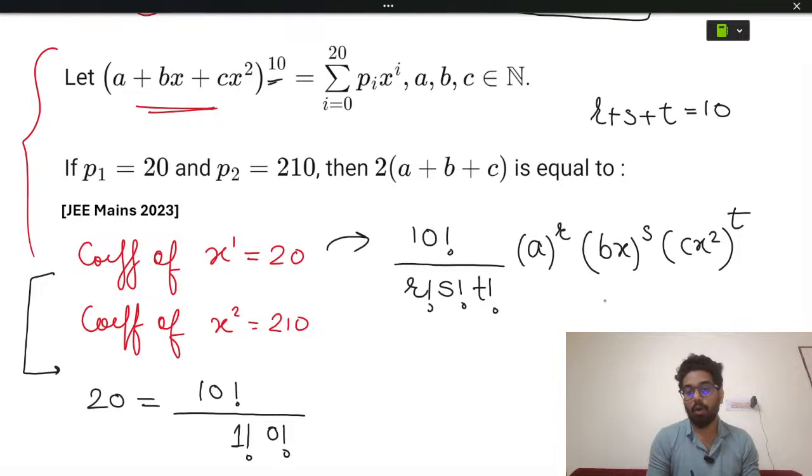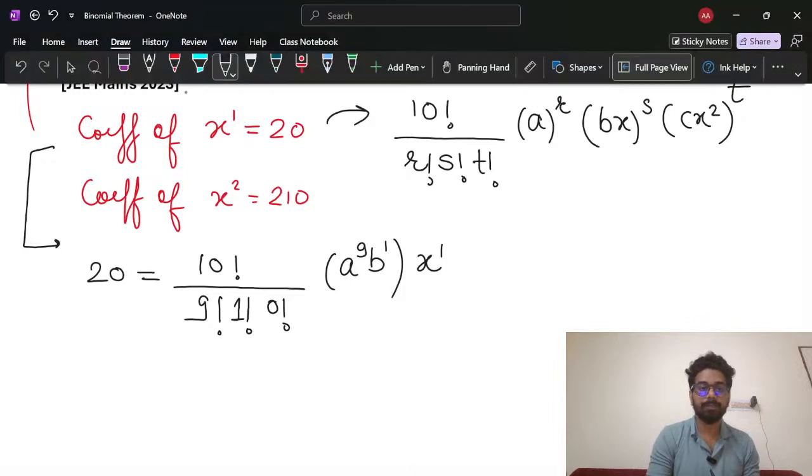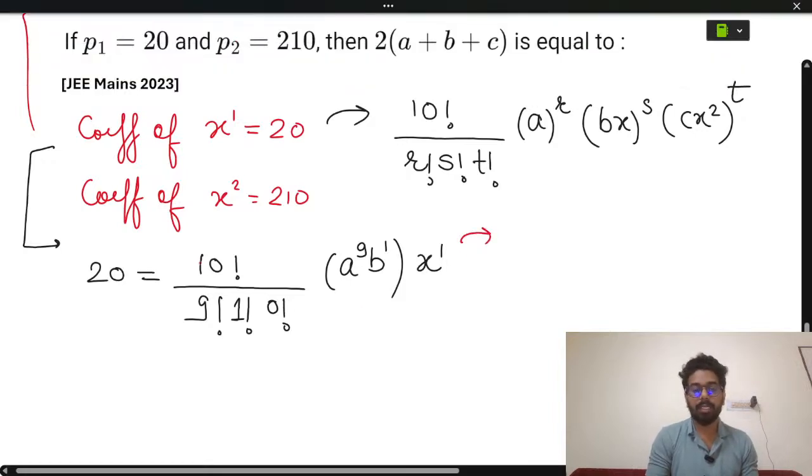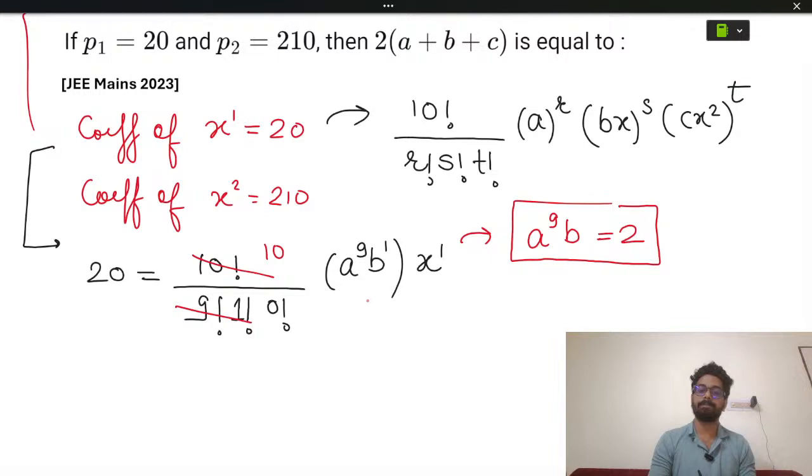So obviously the power on a has to be 9, so 9 factorial into a power 9, b power 1 and c power 0 into x power 1, x square whole power 0. From here, 10 factorial by 9 factorial is 10, and you will get a power 9 into b power 1 is equal to 2. That's our conclusion from here.